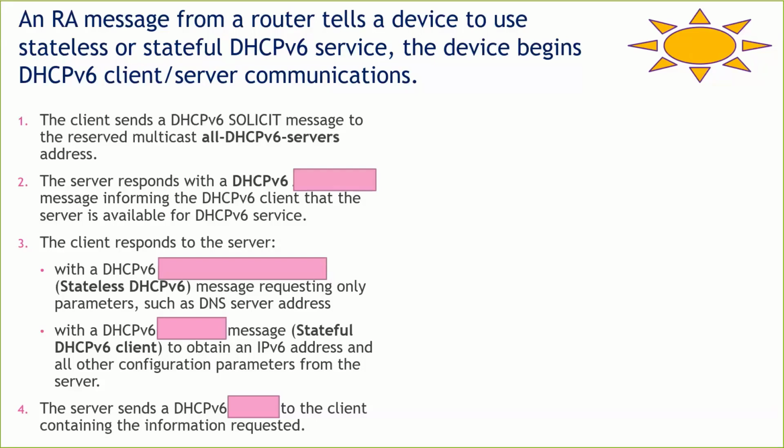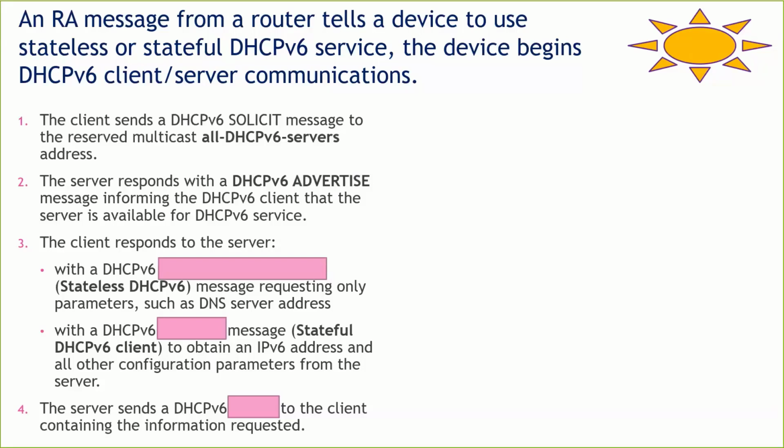Okay. How about the next one? The server responds with a DHCPv6 blank message informing the client that the server is available for DHCP services. Okay. So it responds with an advertisement.